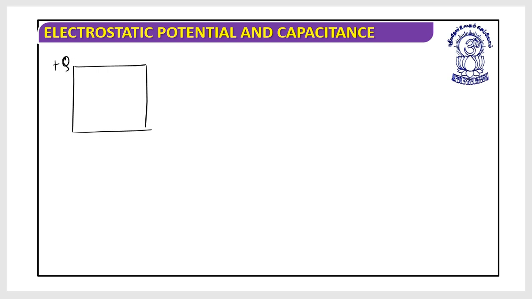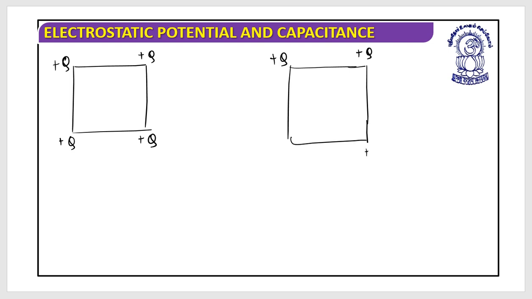This is the initial system, plus q, plus q, plus q, plus q, and this should be the final system, plus q, plus q, plus q, plus q, and a charge q at the center. Let's give them numbers: first, second, third, fourth in the initial system, so again the same numbers 1, 2, 3, 4, and one more, 5.